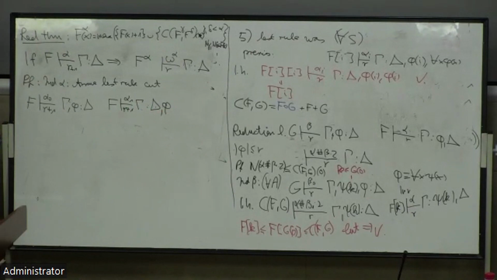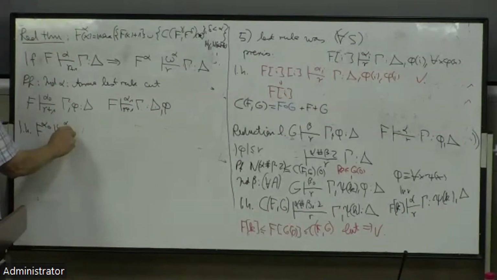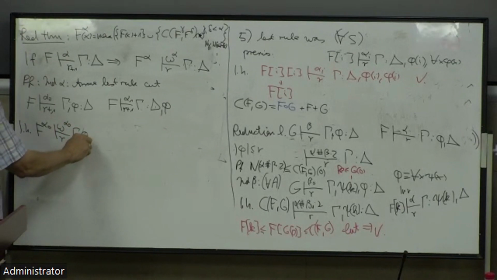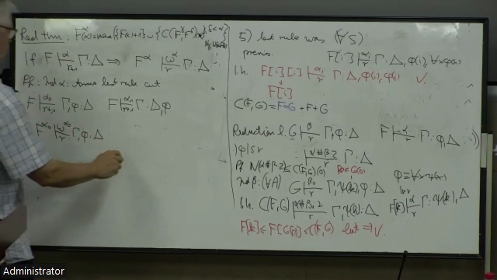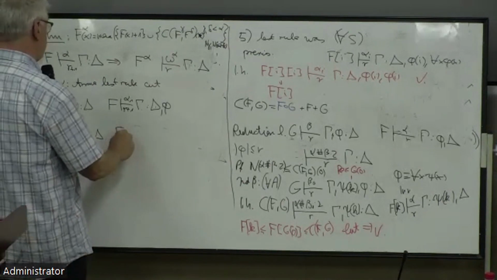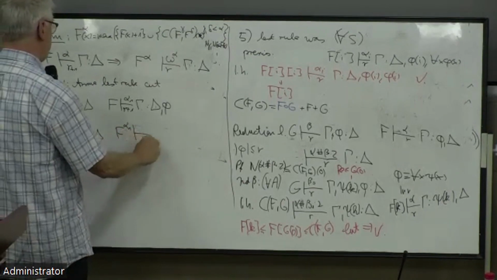Okay, what can we do? We can apply the induction hypothesis. So here we come with an alpha 0 iteration, controls omega to the alpha 0, r, gamma, comma phi, delta. And here we have an alpha 1 iteration of f.